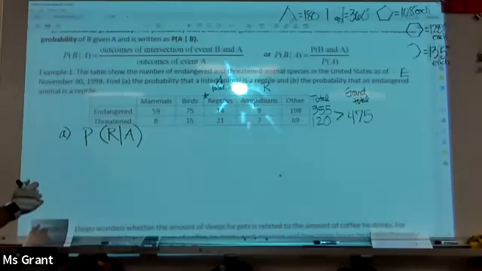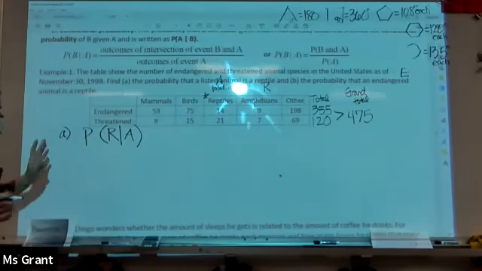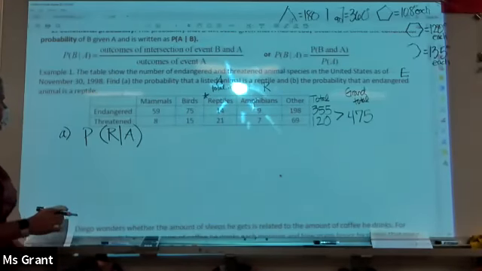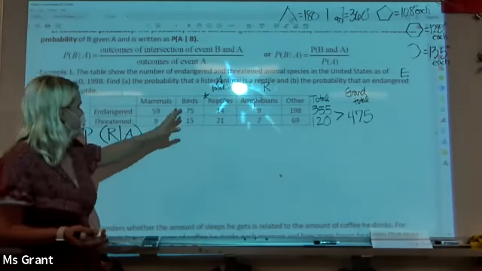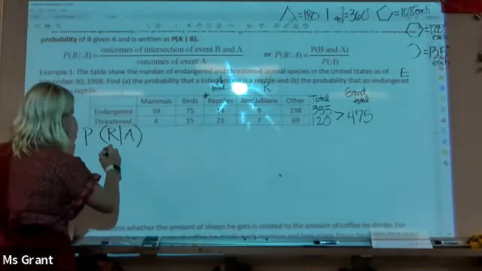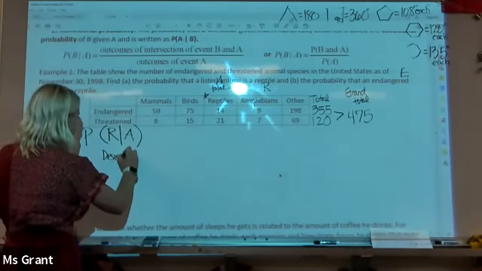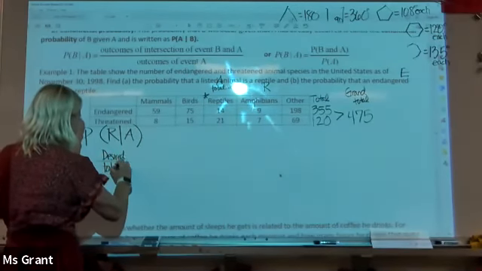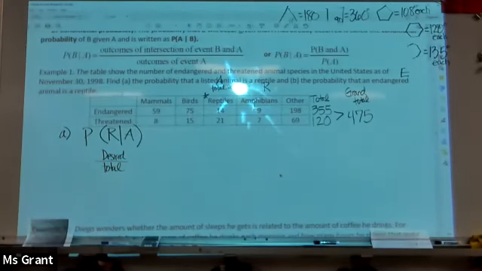So that's good. Of all of the listed animals, how many are reptiles? That's what it's asking me. I want reptiles over total. I want to know all the animals.